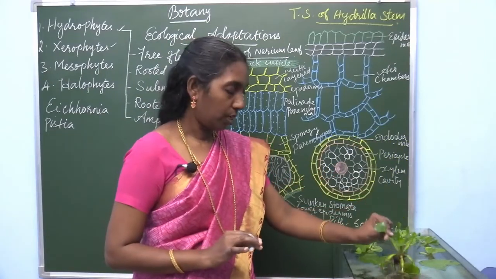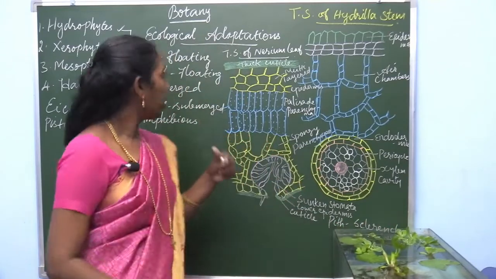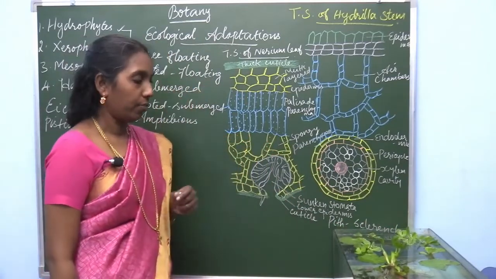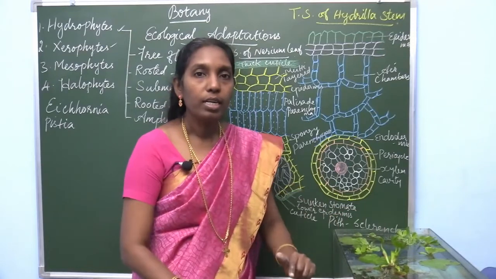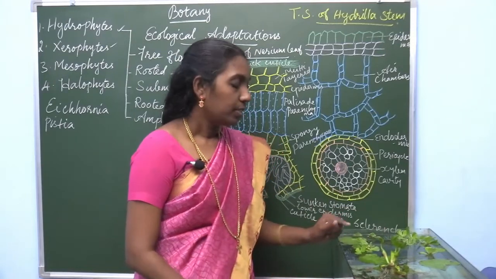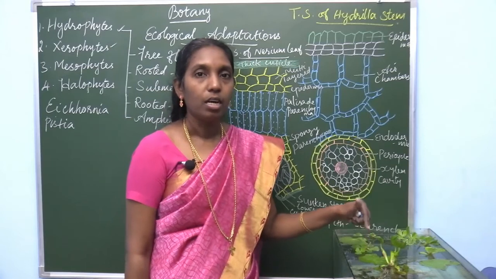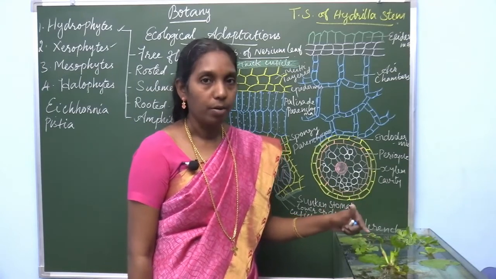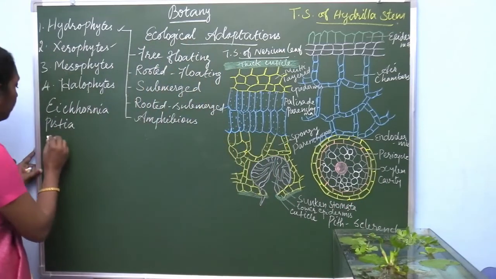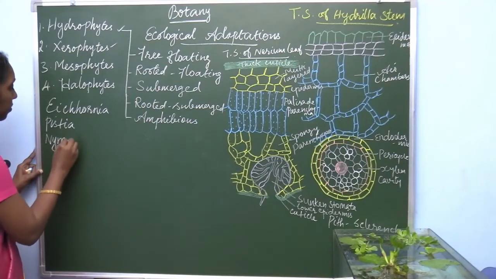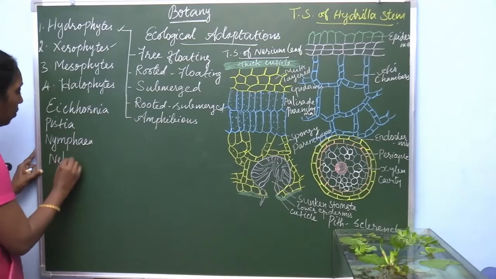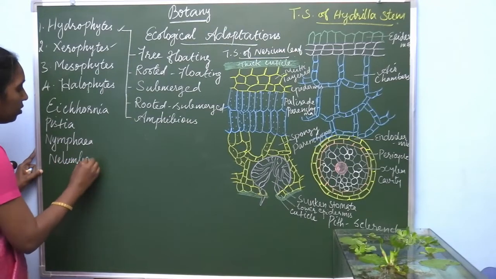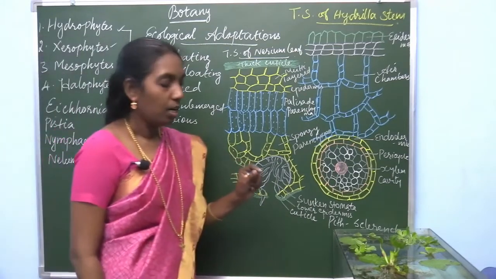There are some other hydrophytes which are rooted in the soil. Examples are Nymphaea and Nelumbo, that is water lily and lotus.